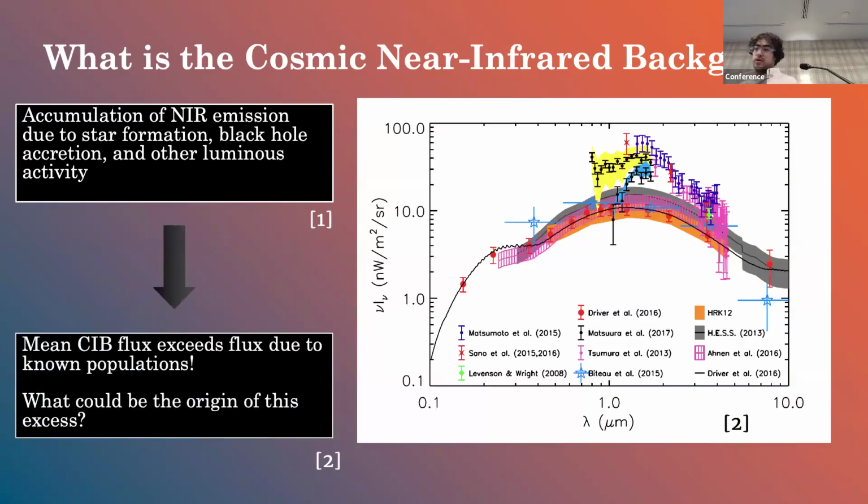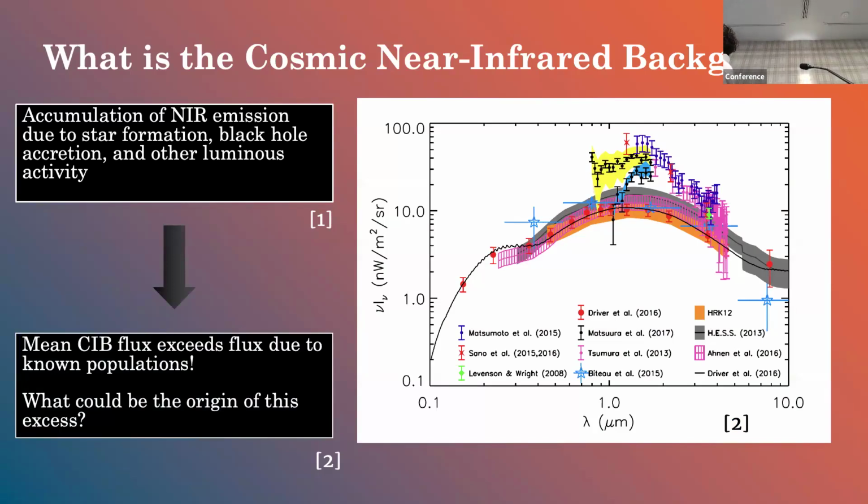You can see in the plot on the right that if you directly measure the mean flux of the CIB in the near-infrared, there's an excess above what you'd expect from observed galaxy populations from galaxy counts.